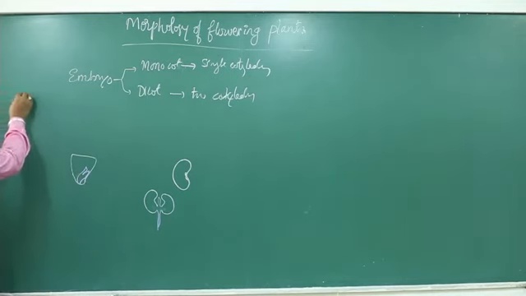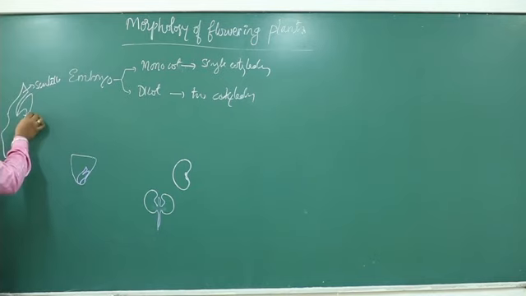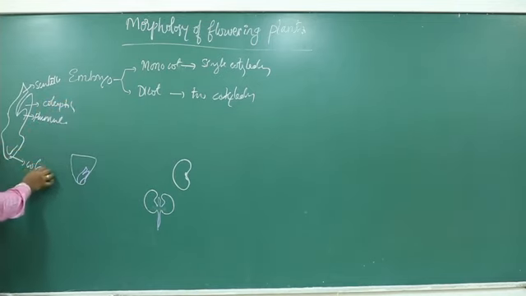That monocot embryo consists of the single cotyledon. This single cotyledon is scutellum and it has a plumule part. Here is the plumule, here is the coleoptile, and here is the coleorhiza, and you have the radicle part.